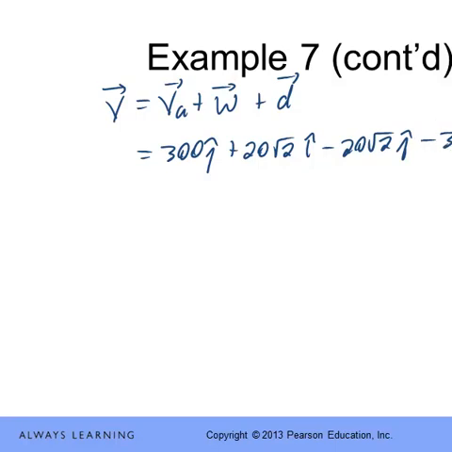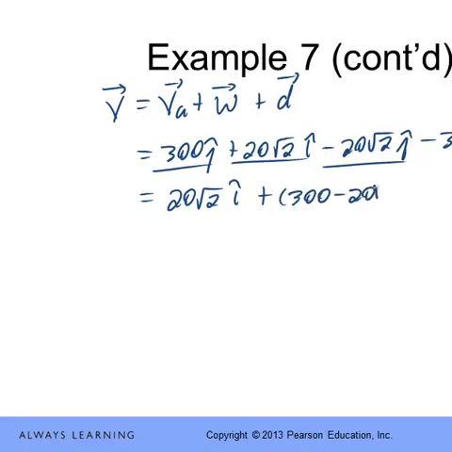Combine like terms. So we'll have the i hat first, 20 root 2 i hat plus, and then we'll combine the j hat terms, 300 minus 20 root 2 j hat, and then minus 30 k hat.